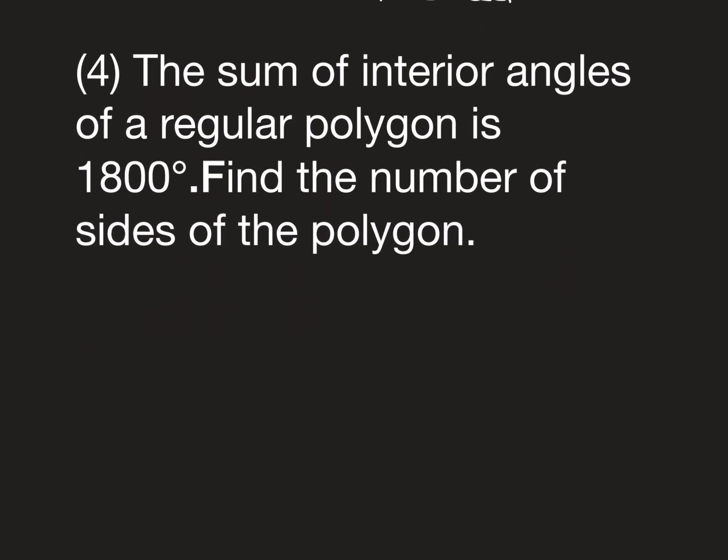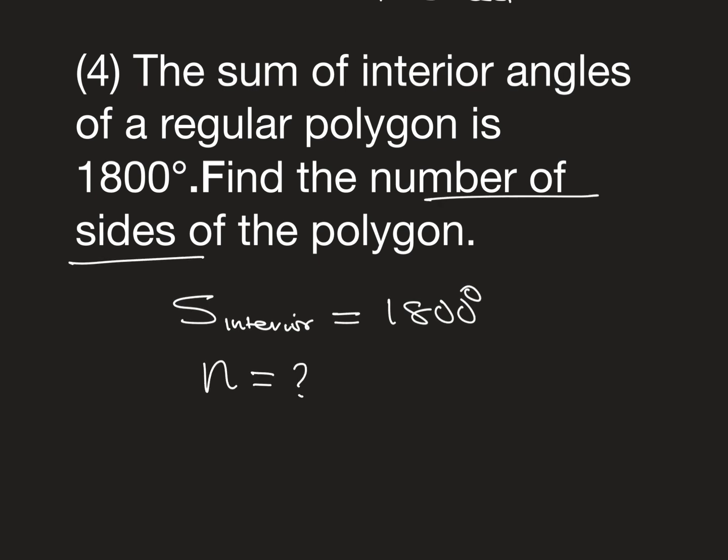Moving on to the next question, it says the sum of the interior angles of a regular polygon is 1800 degrees. That is, the sum of the interior angles is equal to 1800 degrees. Find the number of sides. So we want to find n.